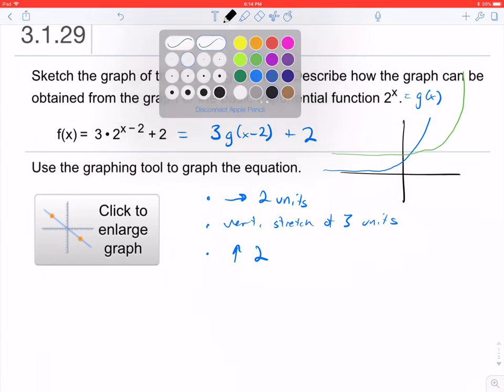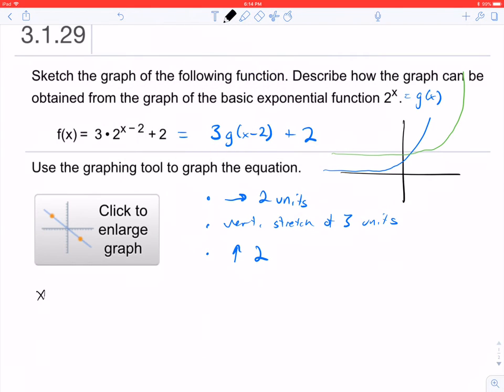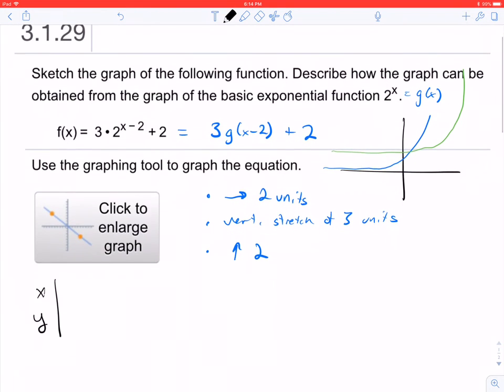So if I choose an x and a y, in this one it'll be easier to choose values of x. So I'm going to go -1, 0, 1, 2, 3, 4. I'm just choosing these values.